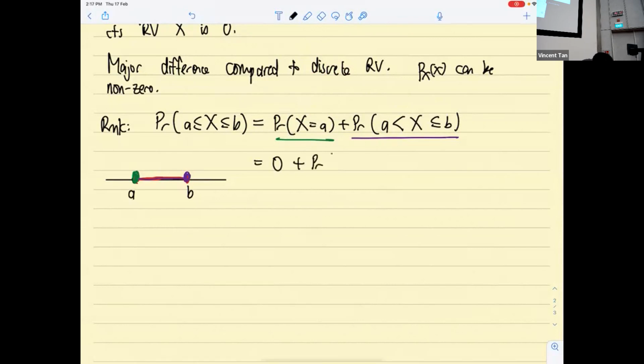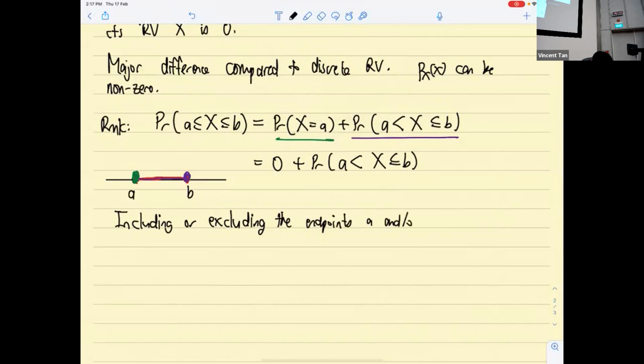So we are left with only this part here. So the punchline is that including or excluding the endpoints A and/or B has no effect on the probability.